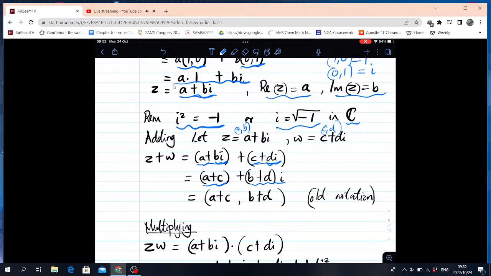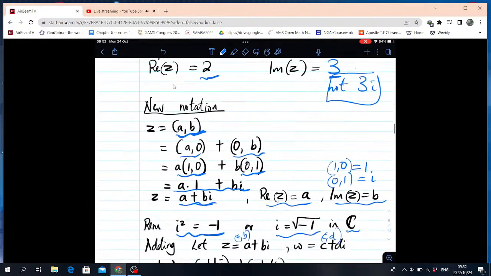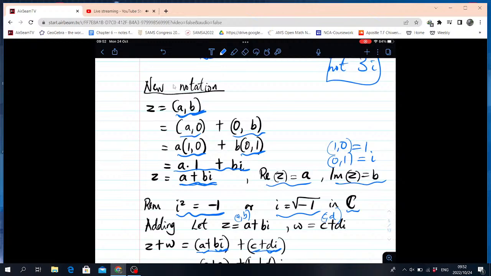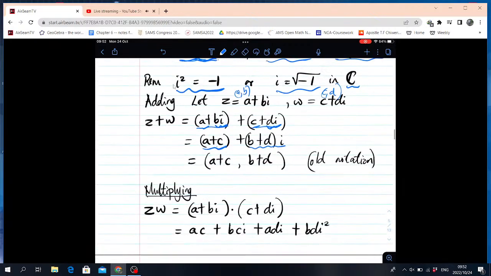And then from what we have here, if you've got a plus bi, then you can write it in the old notation as the ordered pair (a, b). So in other words, if I've got a plus c and then (b plus d)i, in the old notation I have to write it like that. But this is what we would expect if we do addition in the old notation by the definition that we had, right? Now let's look at multiplication and see if it's going to be consistent.